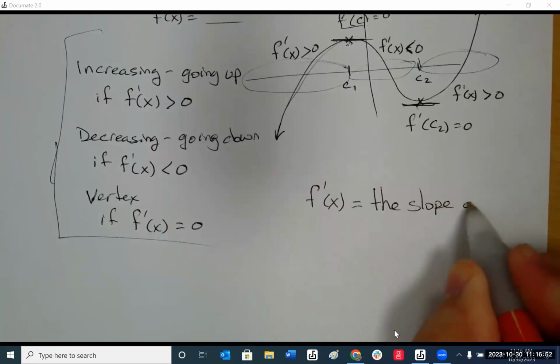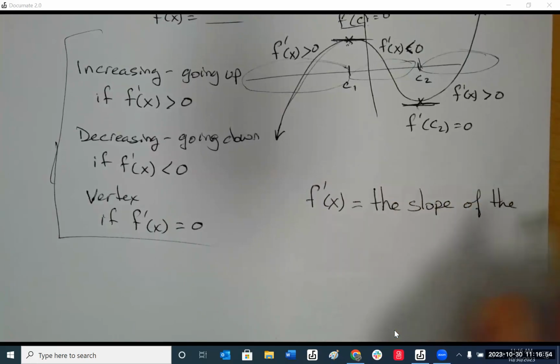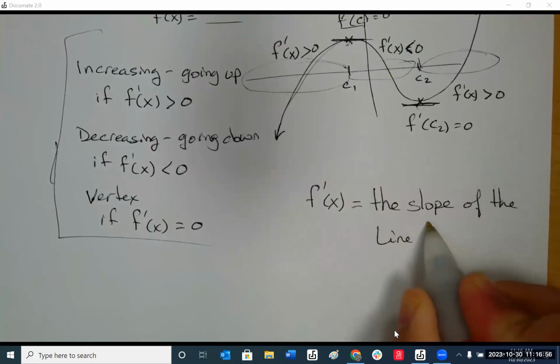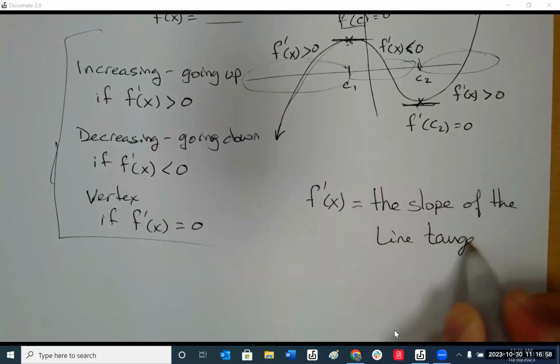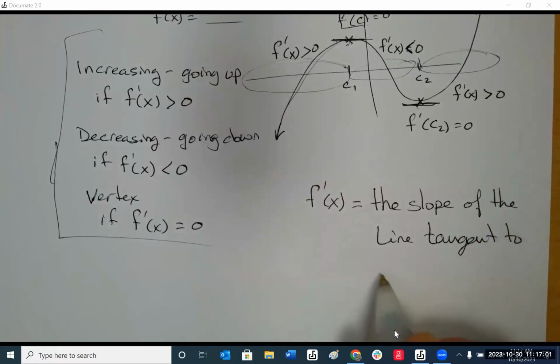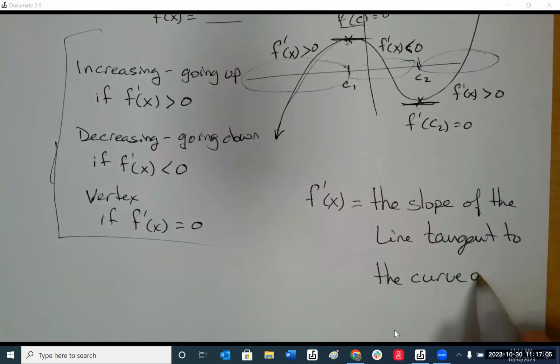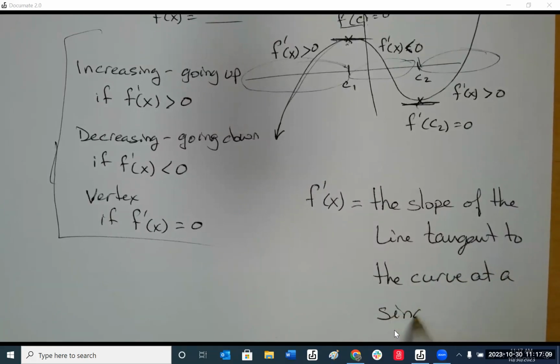The slope of the line tangent to the curve at a single point.